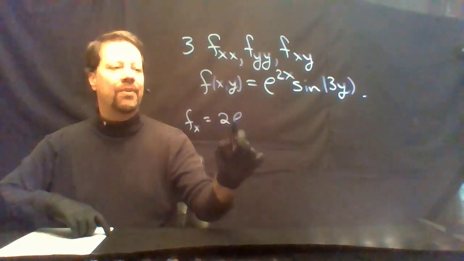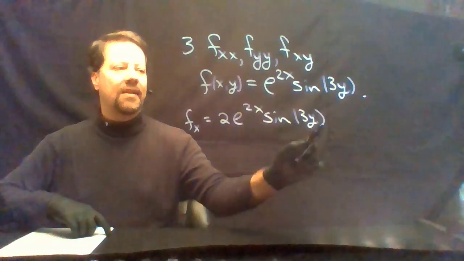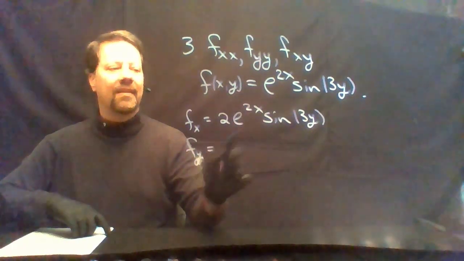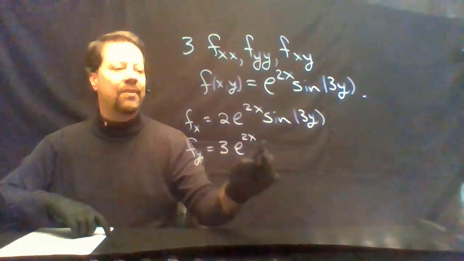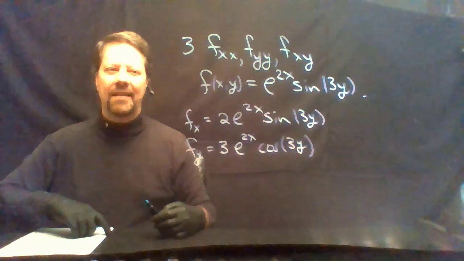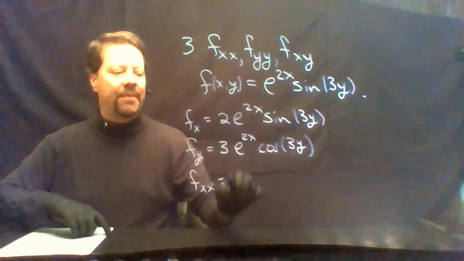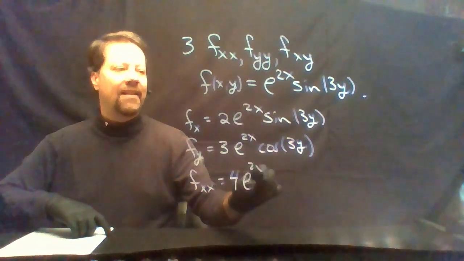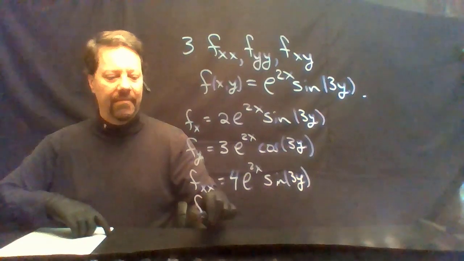That's going to be 2e to the 2x sine of 3y. And fy is going to be 3e to the 2x cosine of 3y. It follows then that fxx will be 4e to the 2x sine of 3y.